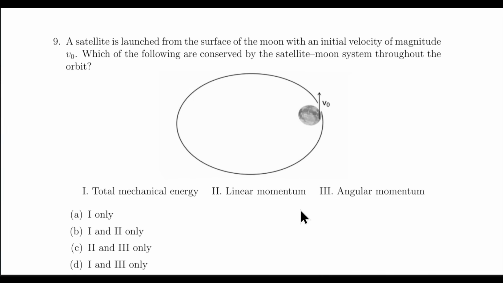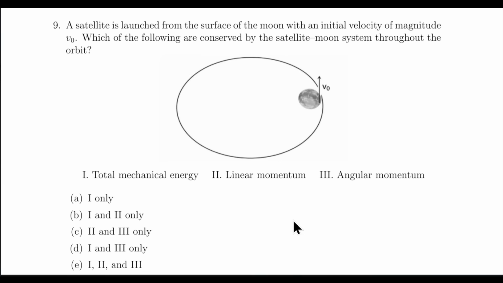Okay, a satellite is launched from the surface of the moon with an initial velocity of magnitude v0. Which of the following are conserved by the satellite-moon system throughout the orbit? Okay, this is more factual, because whenever a satellite moves around a planet, its mechanical energy is always conserved. We just saw its formula above.